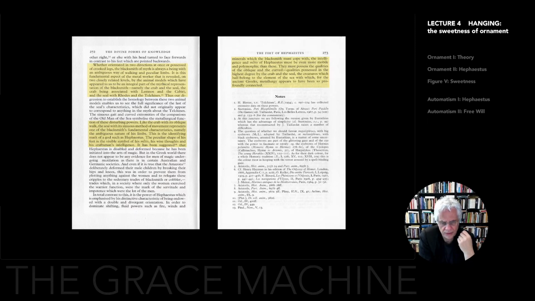It's a form of cunning that is really a form of ingenuity, and I think here we start to understand why Hephaestus has these clubfeet, because it means that instead of purely copying one object after another, he's well known for imagination and invention.